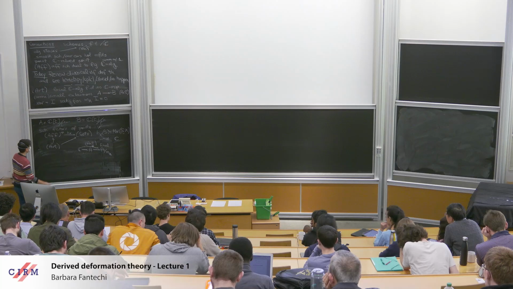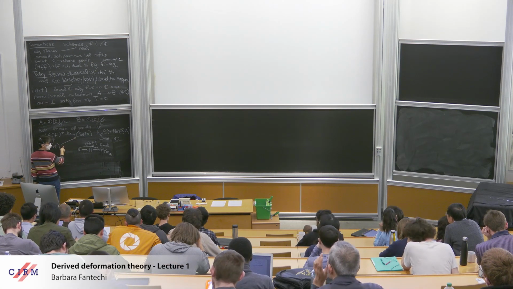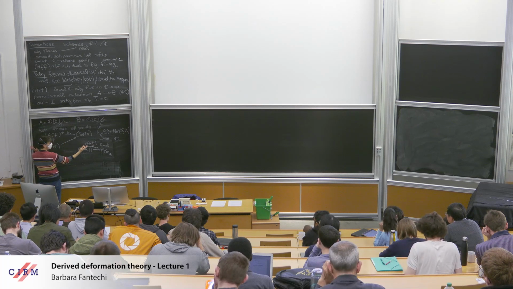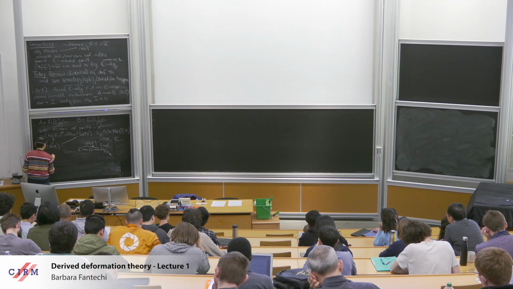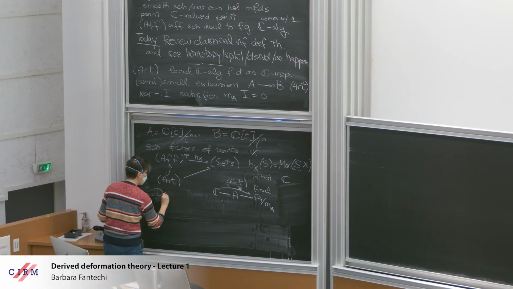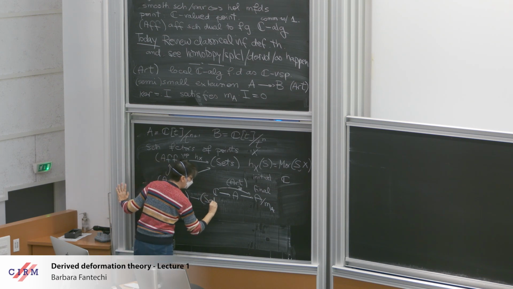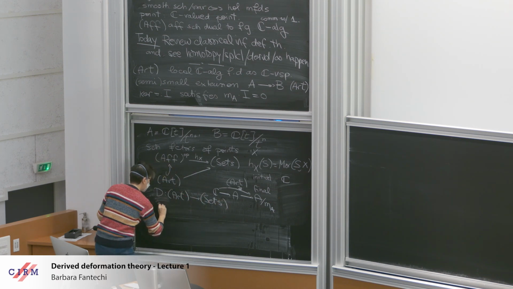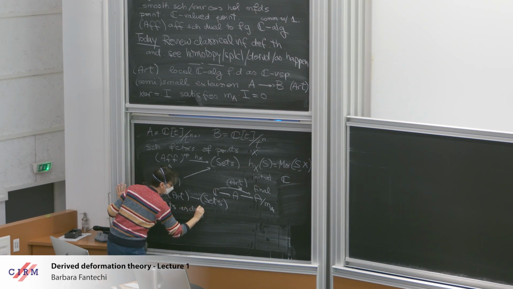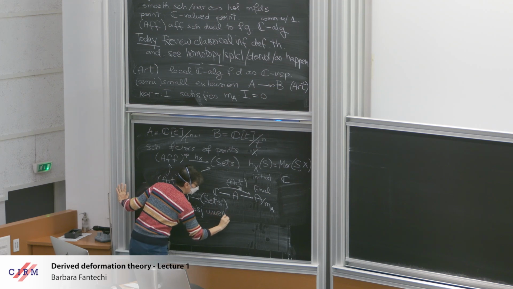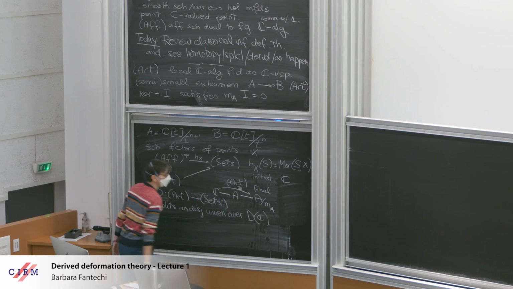So this means that this functor restricted to Art splits up into, so Hx, and in fact, any functor D splits as a disjoint union over D of C over its points.